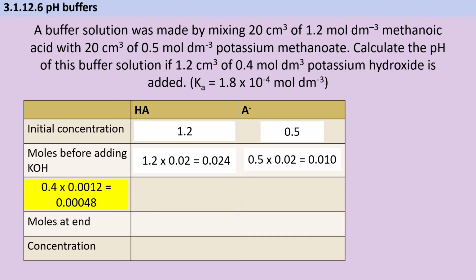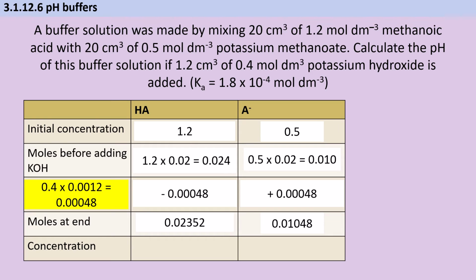And since I'm adding alkali, that means that the concentration of my acid is going to decrease and the concentration of my anion is going to increase. So therefore, at the end of my reaction, I'm going to have 0.02352 moles of the acid left over and 0.01048 moles of the anion. So the acid has decreased because we're adding base, and the anion has increased.